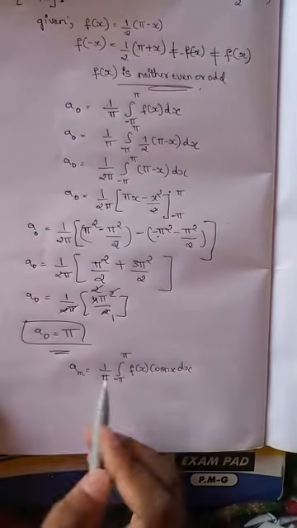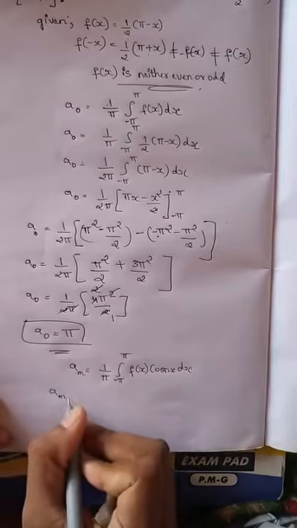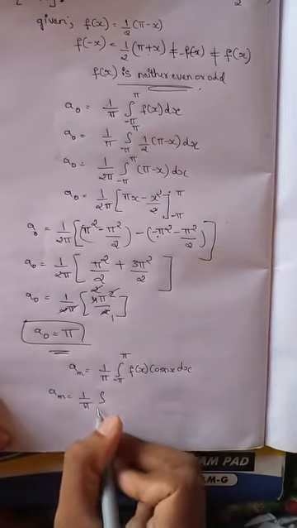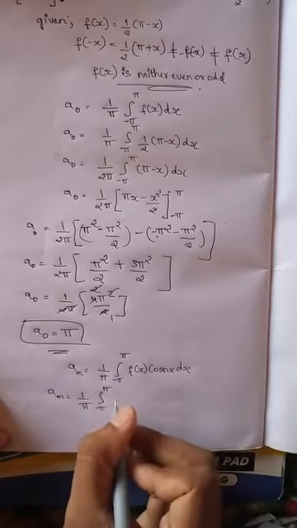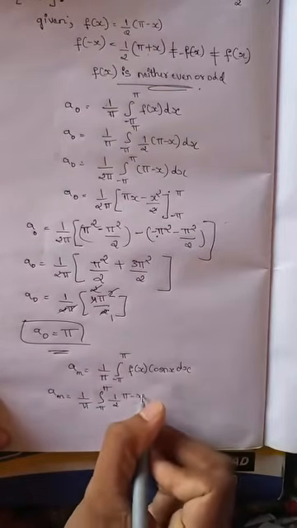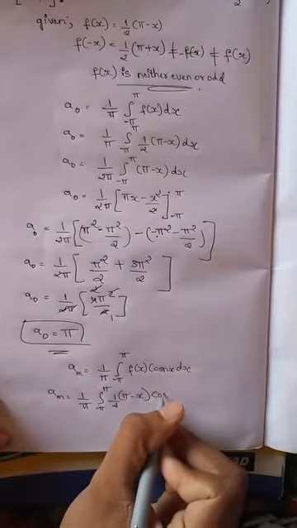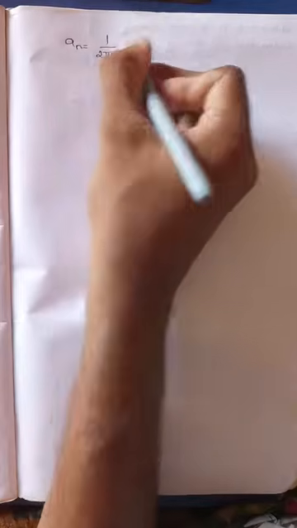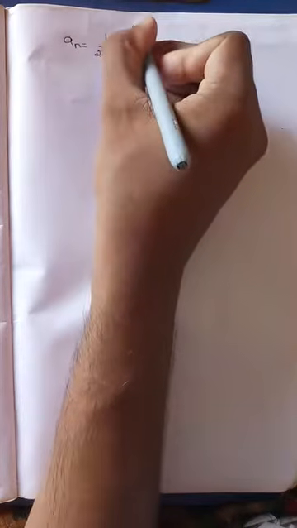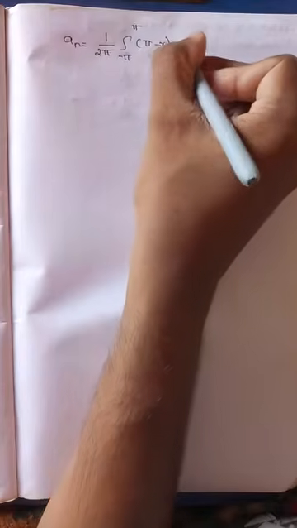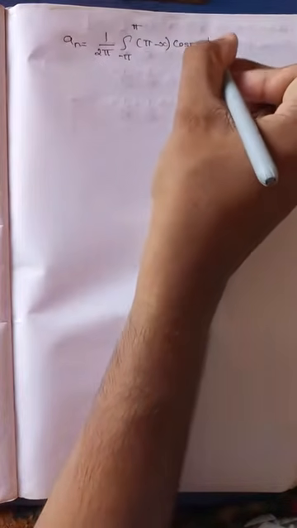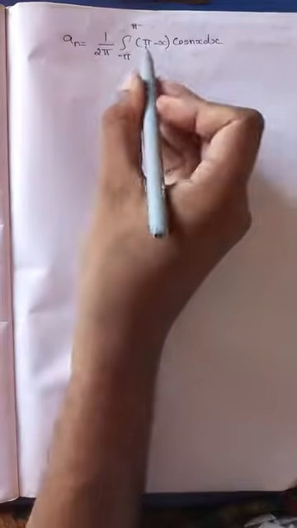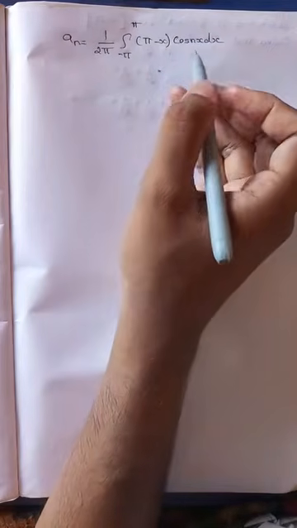So now let's find an. Substitute the value of f of x, 1 by 2 pi minus x cos nx dx. So let's continue. Bring 2 outside. So now use the Bernoulli's rule here.